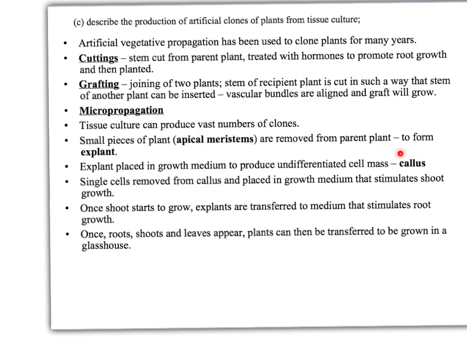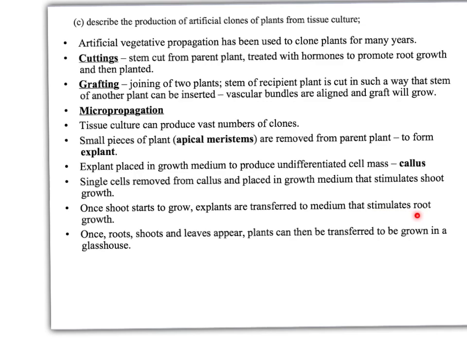We can then separate the cells from our callus and place those single cells in growth medium. The first thing we do is put it into a growth medium that stimulates shoot growth, so the differentiation of our callus cells into shoot cells. Once the shoots start to grow, we then transfer our shoot into another growth medium which stimulates root growth.